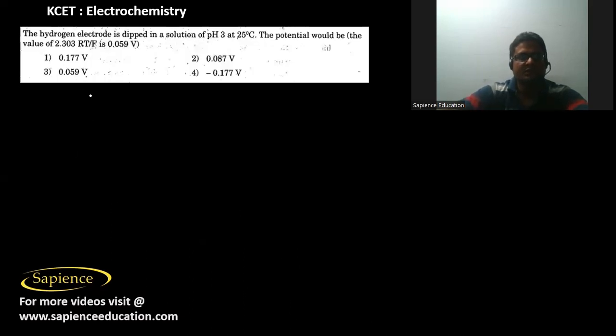Then here it is told the hydrogen electrode is dipped in a solution of pH 3 at 25 degrees Celsius. The potential you have to find.